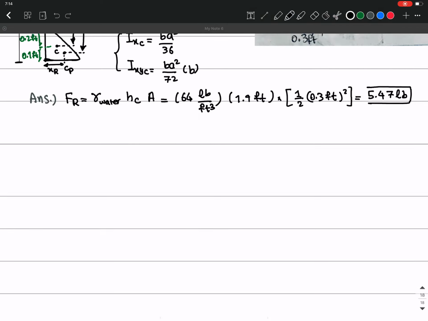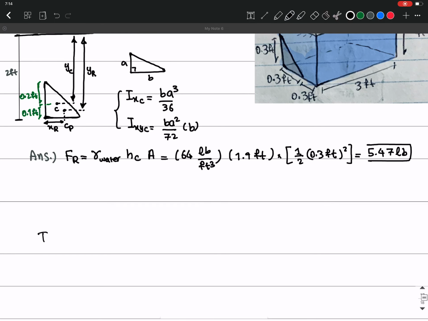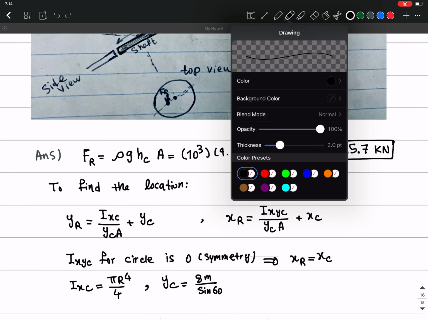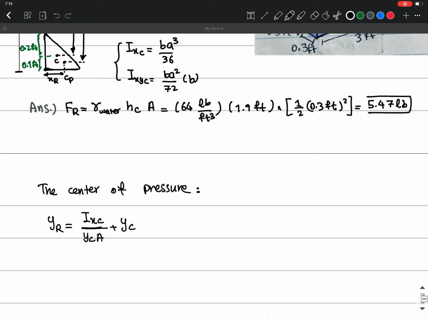Okay, so the center of pressure is gonna be YR equals IXC over YCA plus YC, from the formula that we had before, right? So I just substitute all the things here.